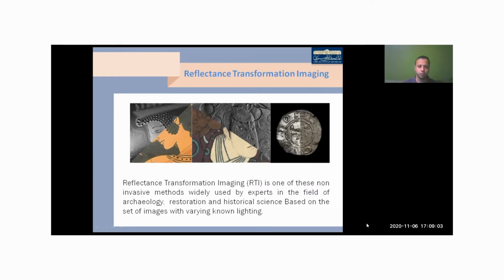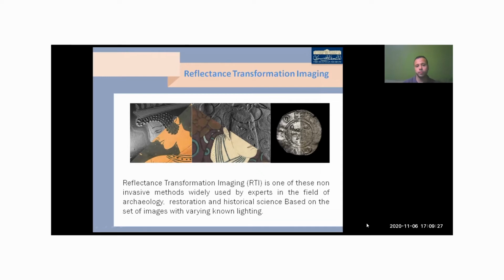Reflectance transformation imaging, or RTI, is one of these non-invasive methods widely used by experts in the field of archaeology, restoration, and historical science, and it is based on a set of images with varying known light.